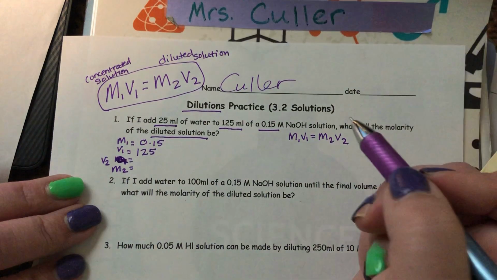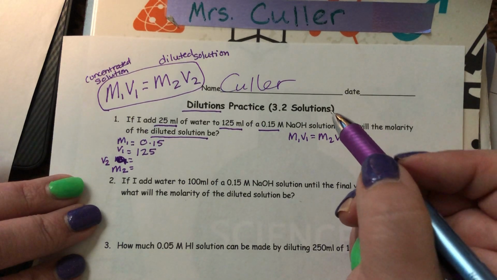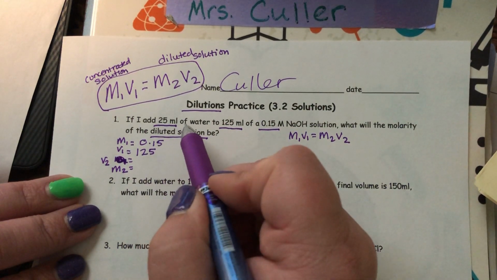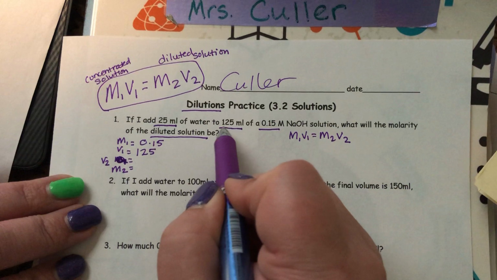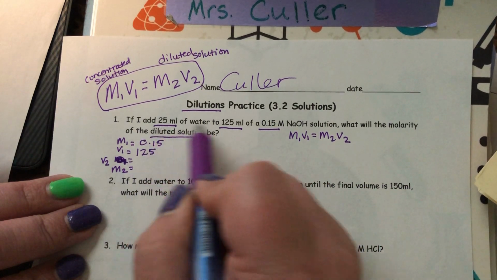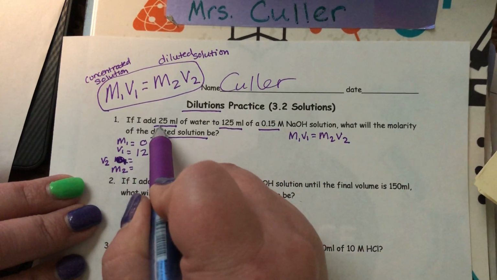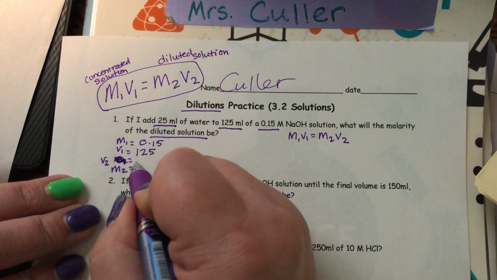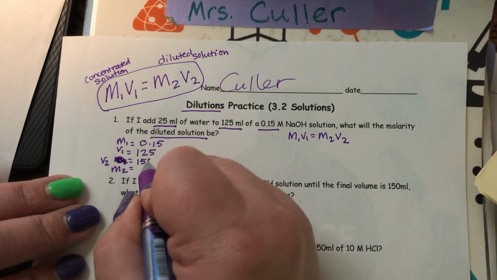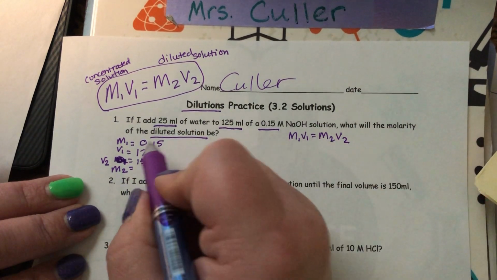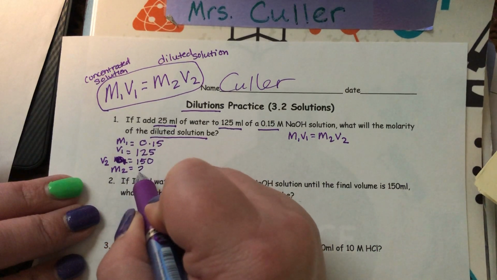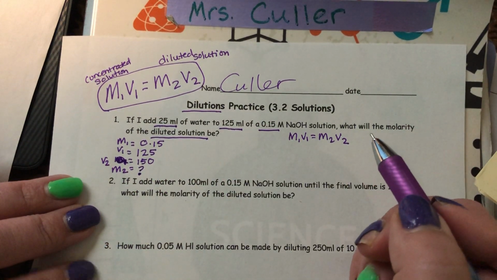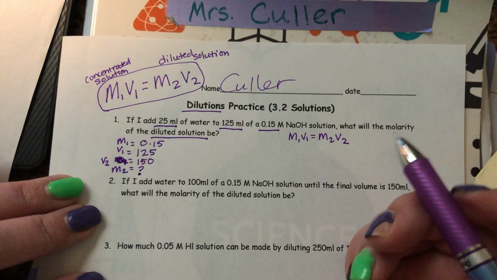Volume 2 is going to be these together, so 25 plus 125, because we're adding those. That means it's 150. And it's asking for the molarity of the diluted solution, so that's my question mark. Now all you have to do is plug it in.